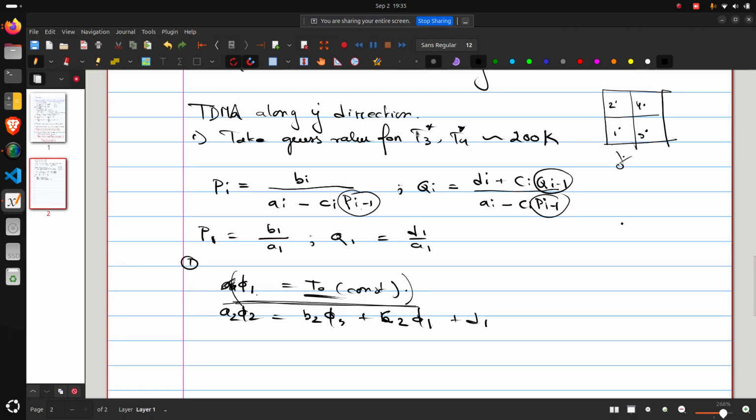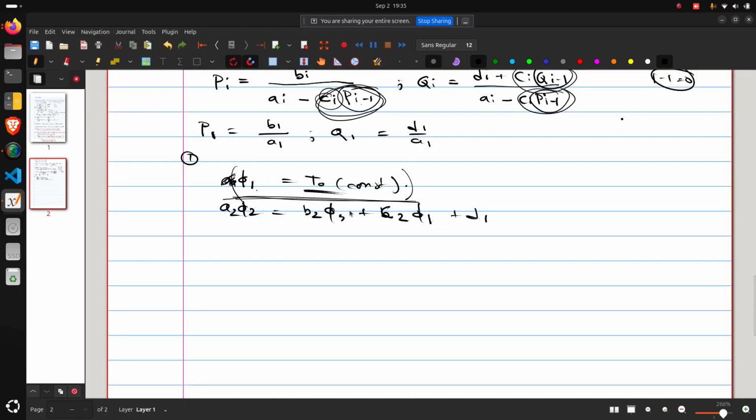So if we are taking point 1, there is no point called I minus 1. If I is equal to 1, there is no point called I minus 1 equal to 0 in this case, right? So here, because of this, this part becomes 0, and this part becomes 0. And also another thing that you will see is that there is no concept of C here.